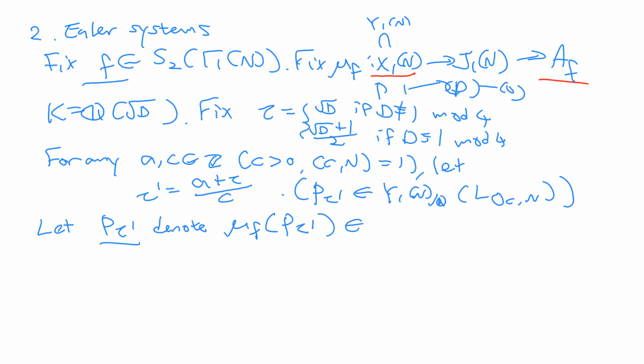So this is actually a point of this abelian variety over L sub O sub c of N. Oh, by the way, because of the way we define it, like this is rational and so on, this map is defined over Q, and that's the point.